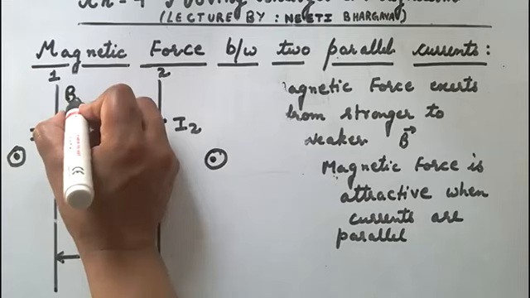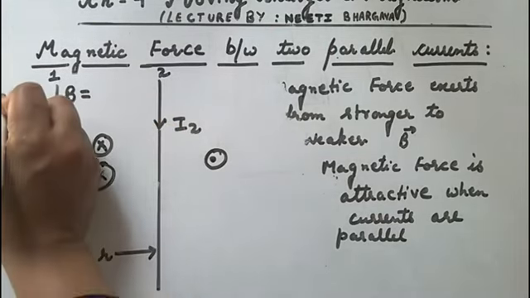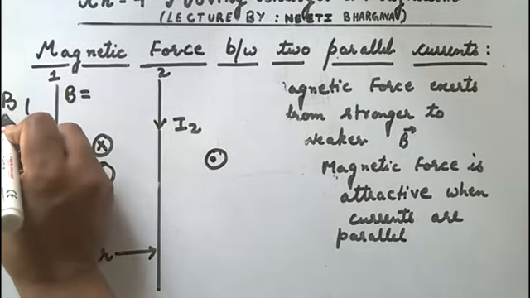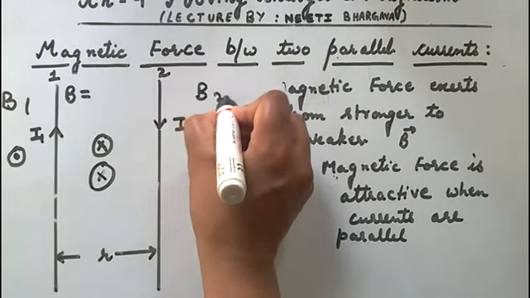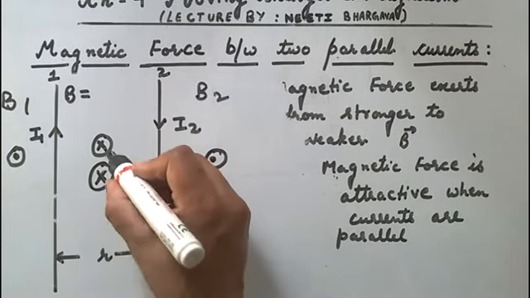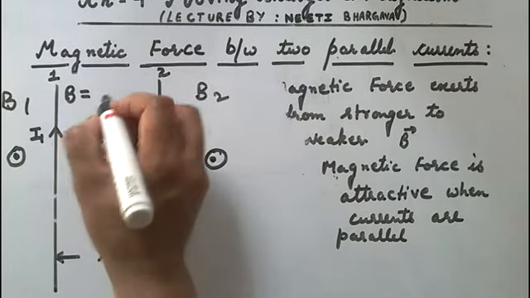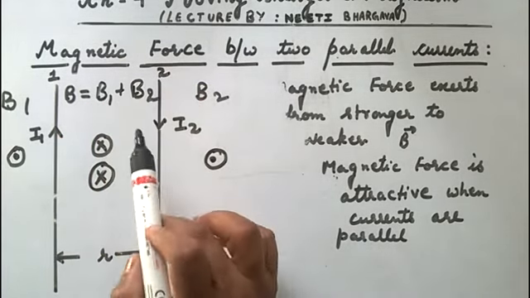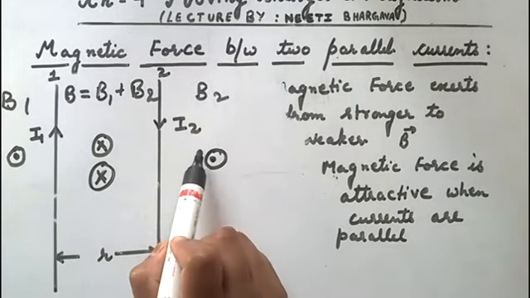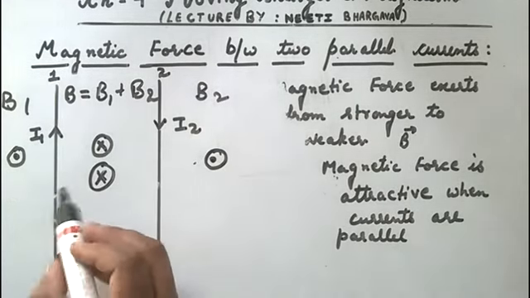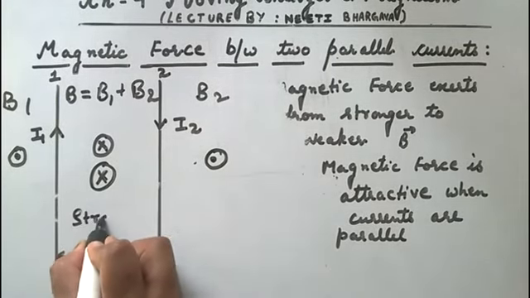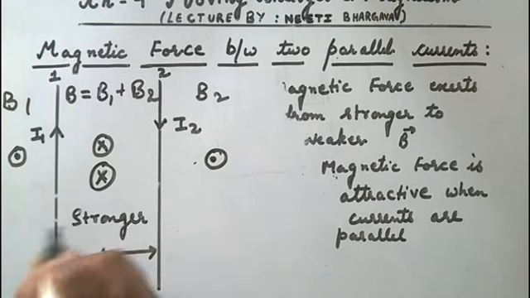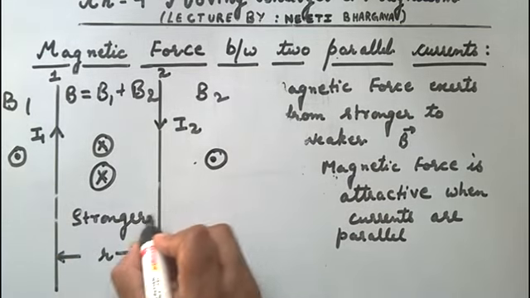Therefore, the resultant magnetic field is the addition of both the fields, that is B1 plus B2. Now the resultant magnetic field is stronger as compared to individual magnetic fields. And the magnetic force exerts from stronger to weaker fields.